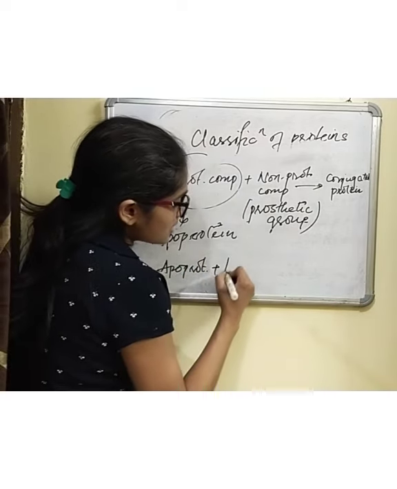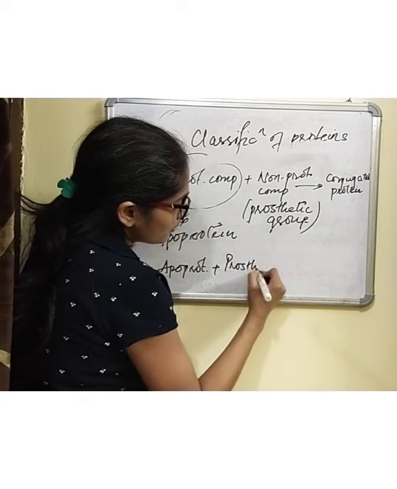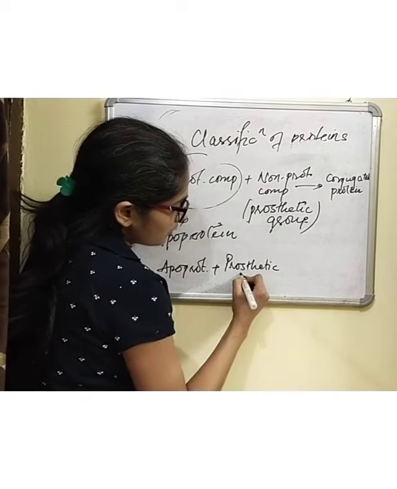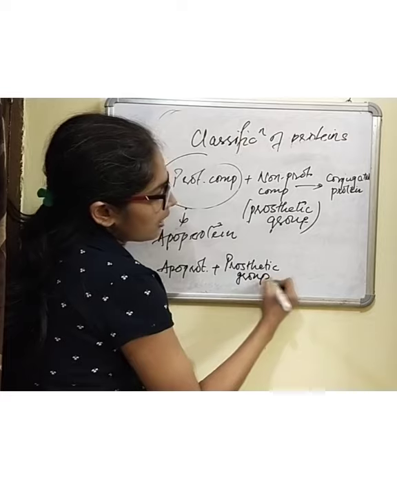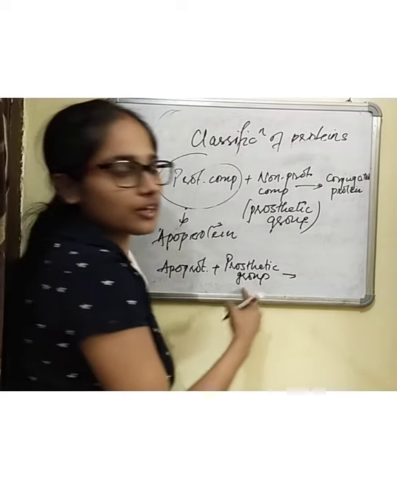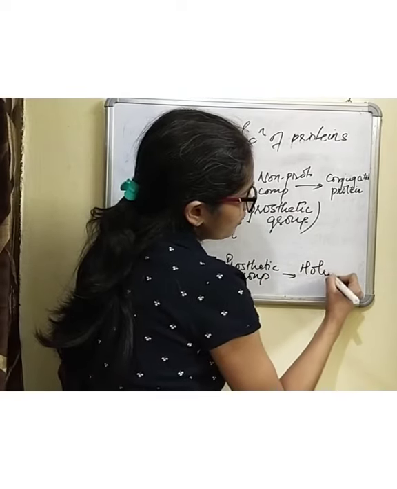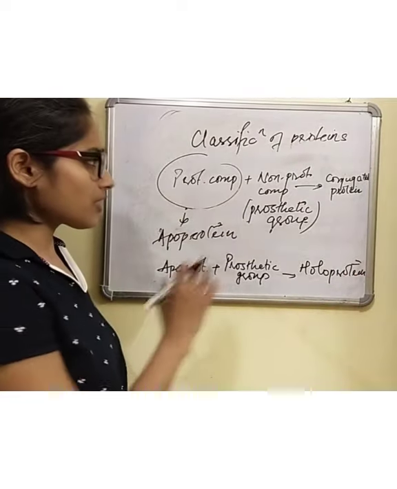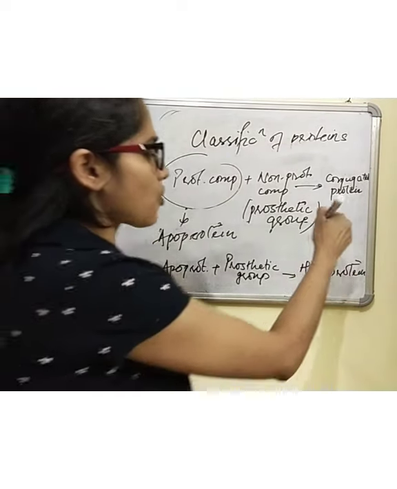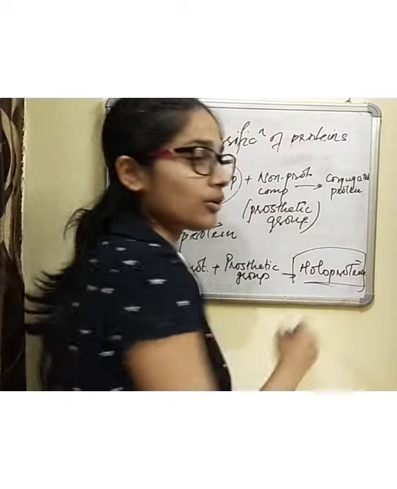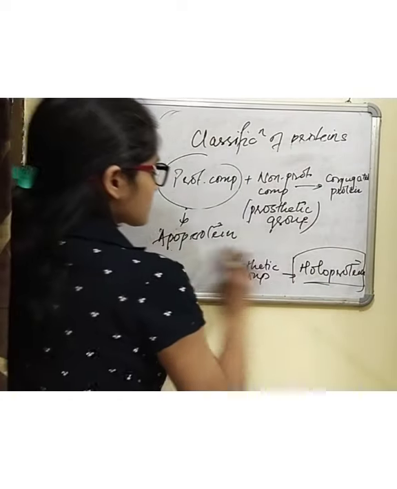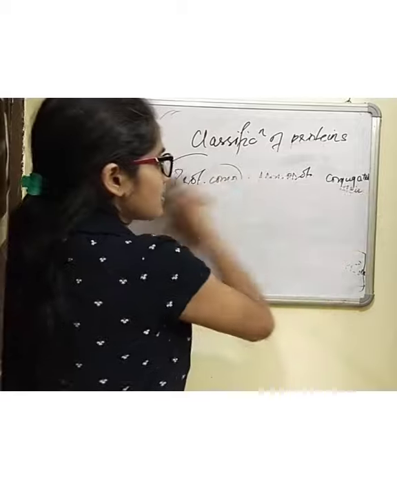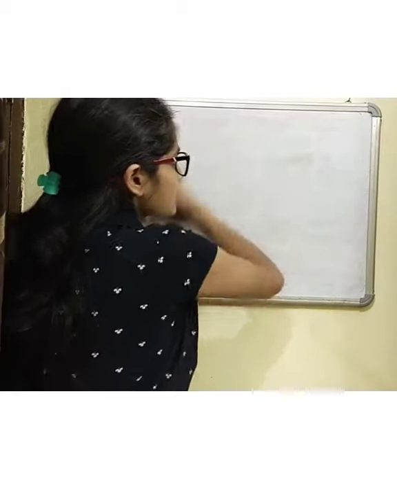Apoprotein plus prosthetic group is known as holoprotein. So conjugated proteins are also known as holoproteins.